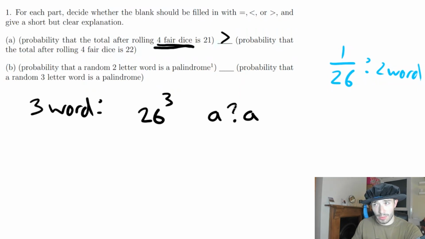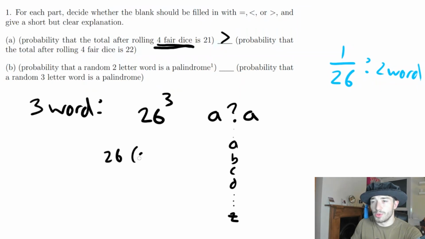What could the question mark be? So the question mark could be A, could be B, could be C, could be D, could be all the way up to Z, right? Okay. So in that case, there's actually 26 possible A question mark A palindromes for 3-letter words. And it's the same for all of them.